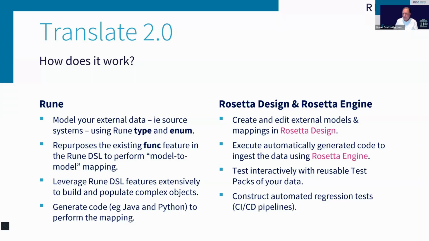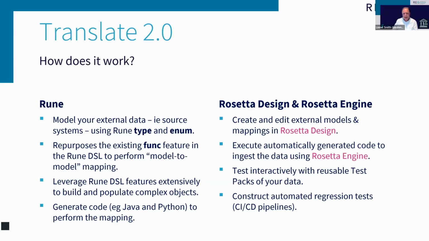There are some rich features in the DSL which allow you to create quite complex data objects, but with high degrees of modularity and reuse. And as I said earlier, because RUNE is a language which is connected to code generators, you can then generate runtime capabilities to populate your data models and also then to run the mapping.